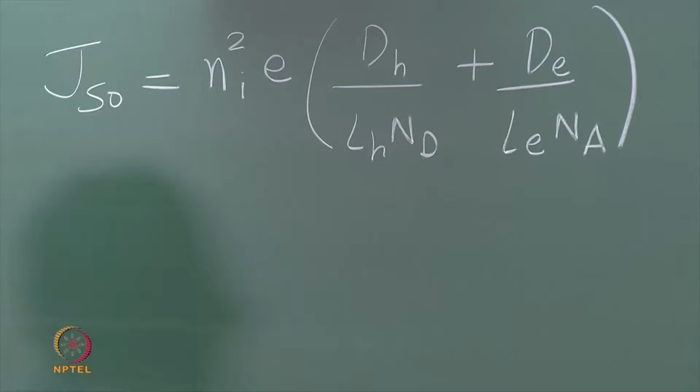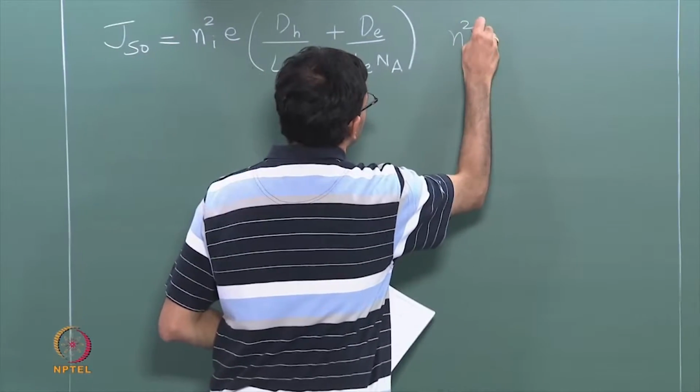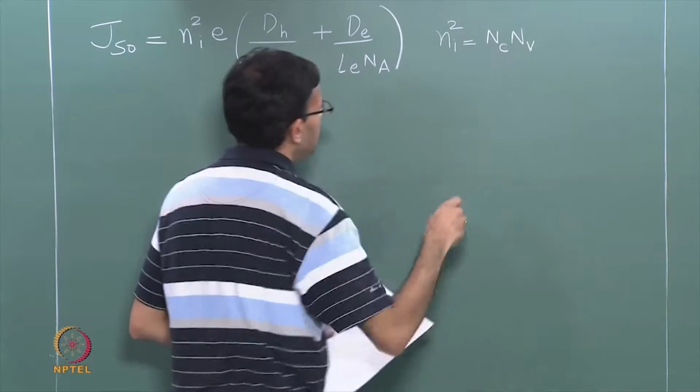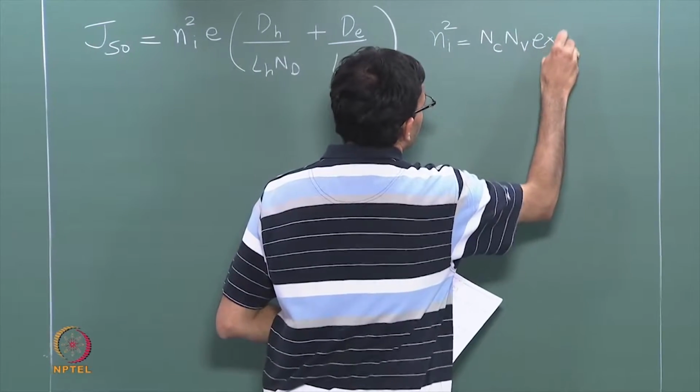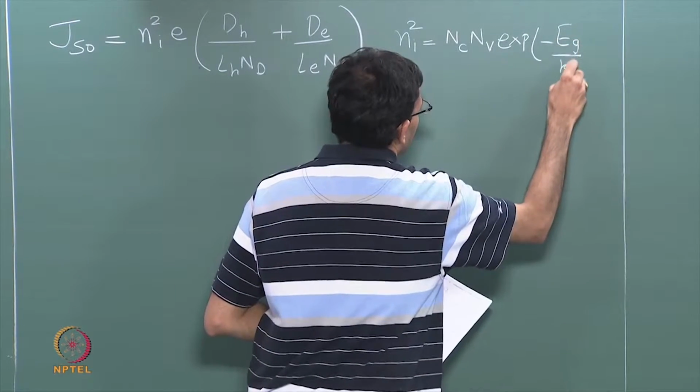Now Ni square, which is the intrinsic carrier concentration, is a material property. We know that Ni square is nothing but Nc Nv exponential minus Eg over kT.